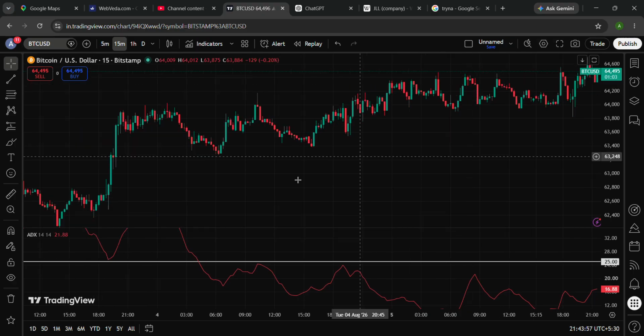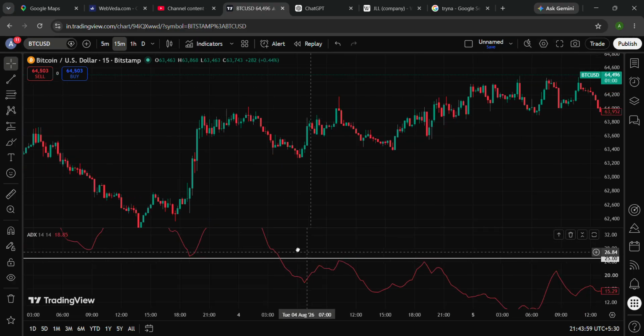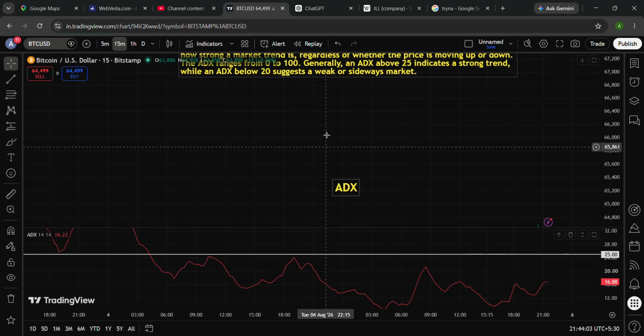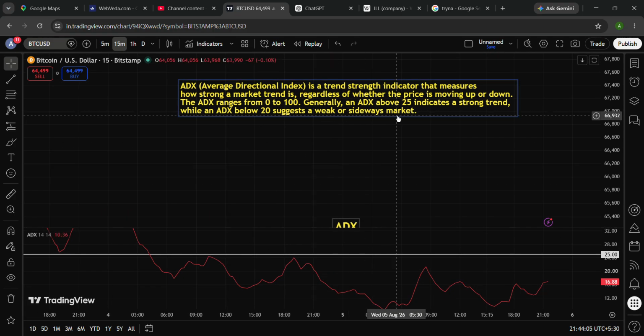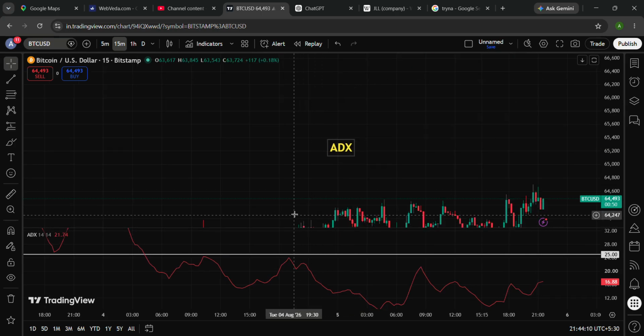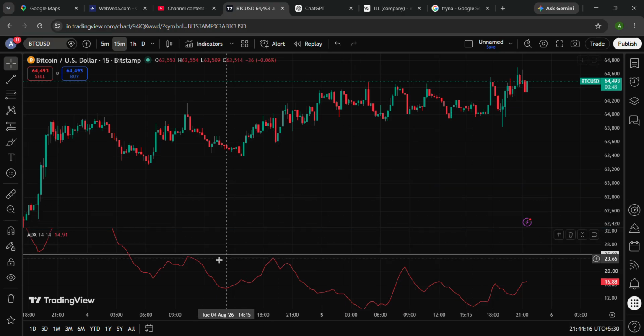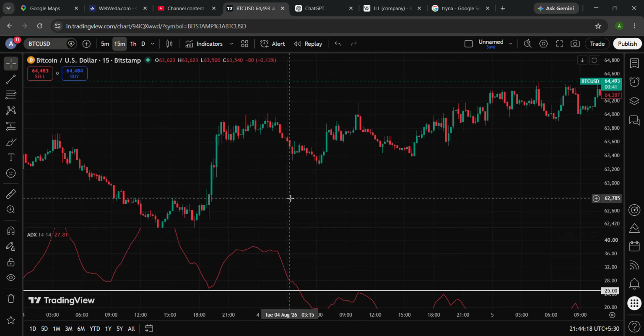So let's see it in the market. When the ADX is below 25, it represents a weaker trend, while an ADX below 20 suggests a weak trend. So we generally look above the 25 ADX level and see whether the trend actually works out or not.